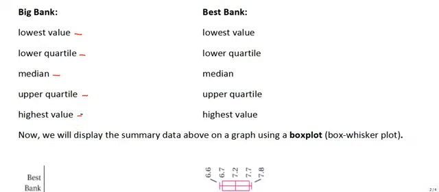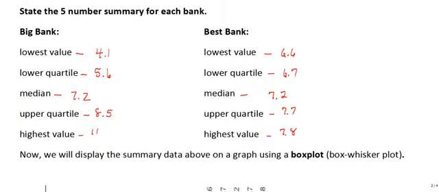That's your 5-number summary. So if I went to Big Bank, actually take a second, write all these values down. Go to both banks and write down a list of those values. So here's the 5-number summary for each of those two banks, their waiting times.